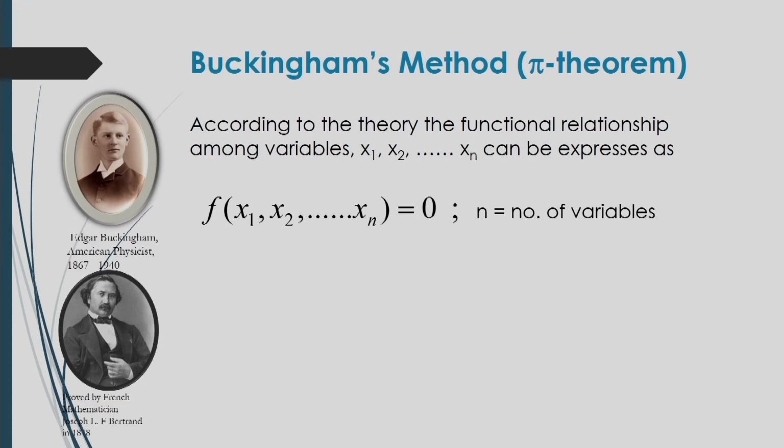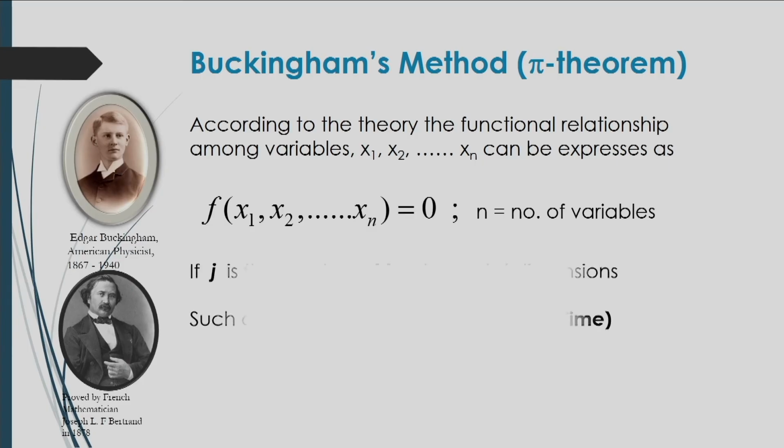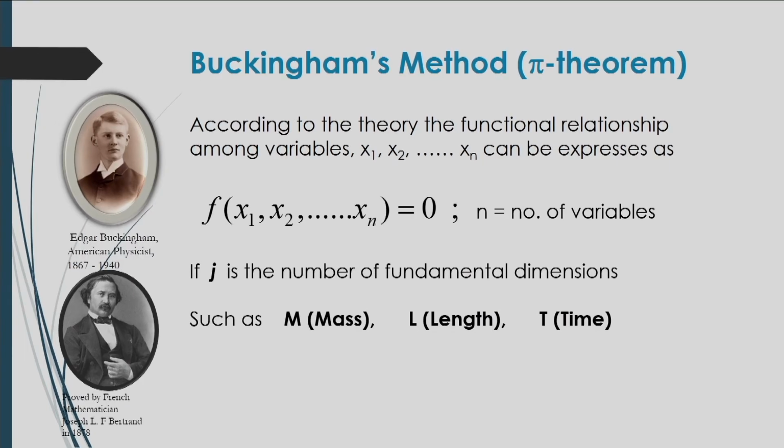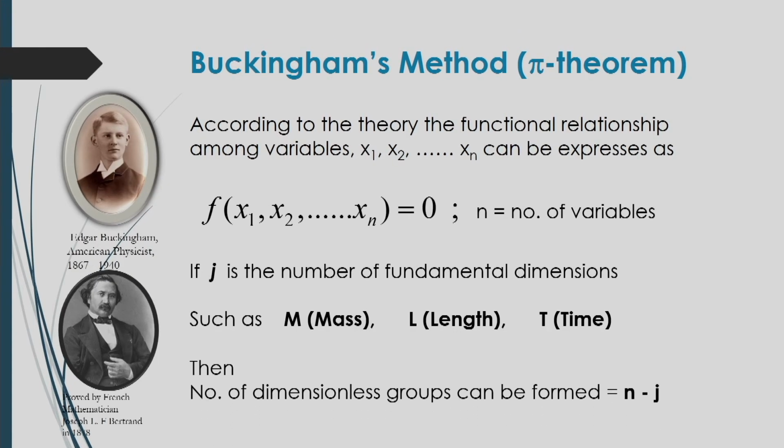And here n will be equal to number of variables, and if j is the number of fundamental dimensions such as length as L and mass as M and time as T, then MLT, these are the fundamental dimensions, then number of dimensionless groups that can be formed is n minus j, that already I told, during the analysis of dimension by Buckingham method. Here also the same number of dimensionless groups you will get.